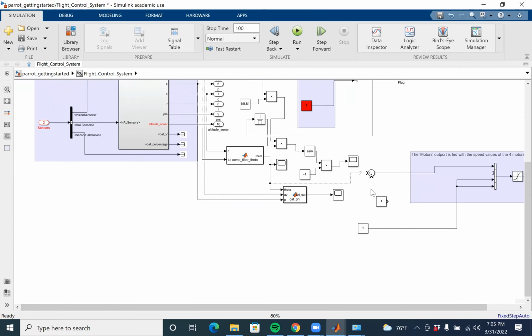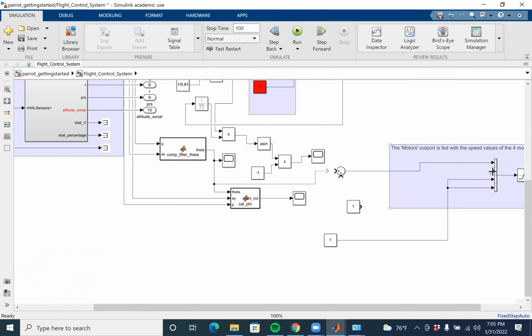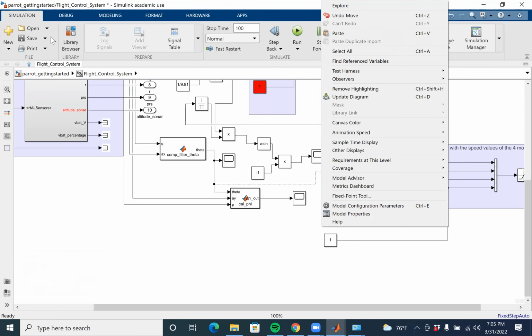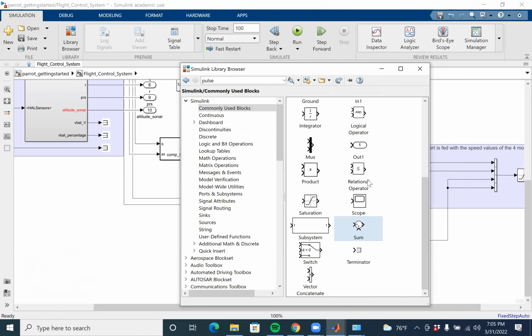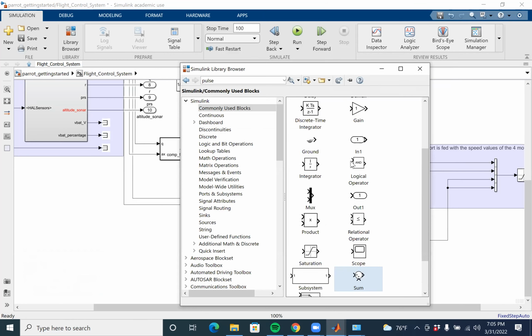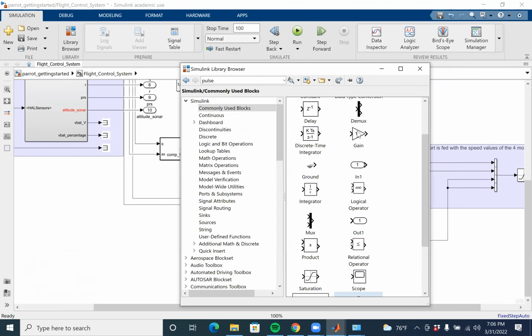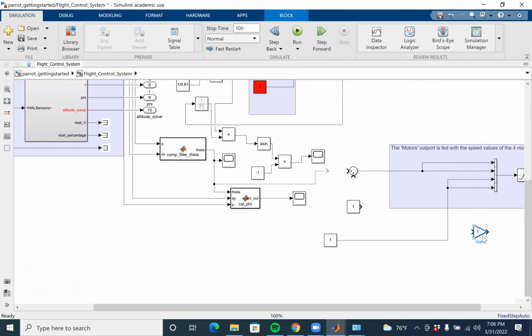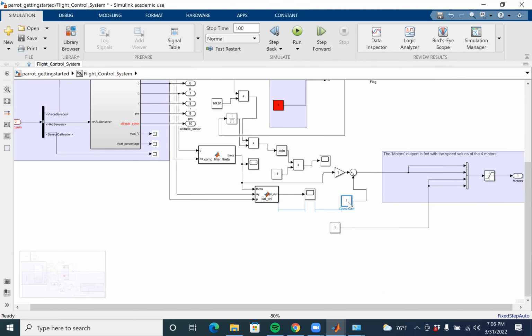So then there would be a gain. This gain is going to fit over here, and then this baseline PWM would go over here.